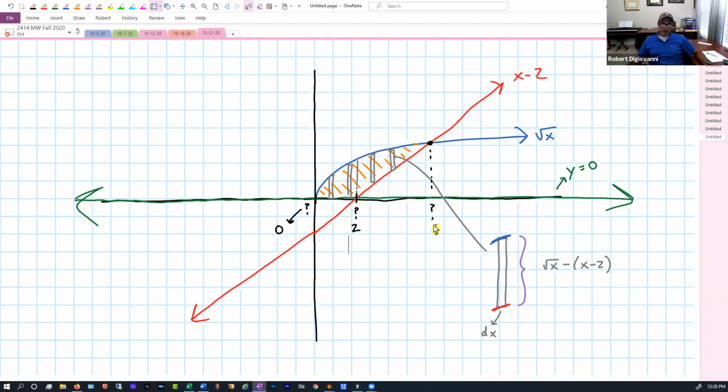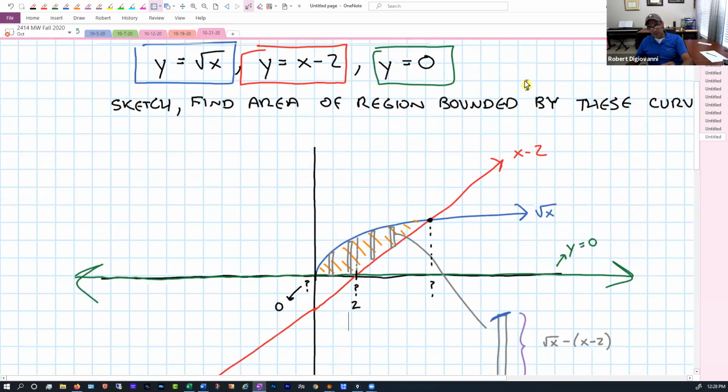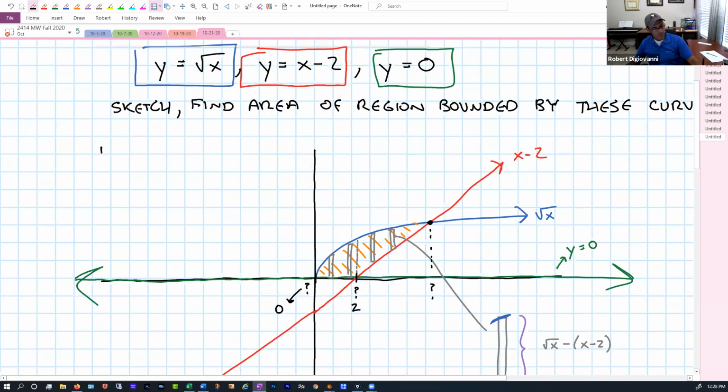Isn't that where the red and the blue meet? So it's the intersection of these two. So why don't we set them equal to one another then? Okay, so I need to find the intersection. I'm running out of room, so I'll do it over here. The intersection of the red and the blue is going to be setting the red equal to the blue.